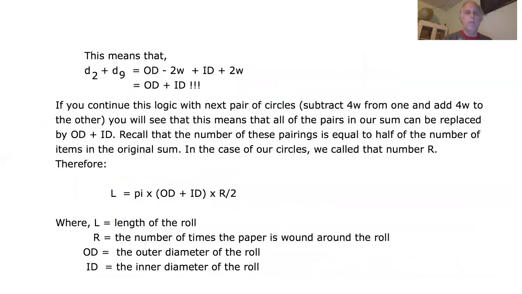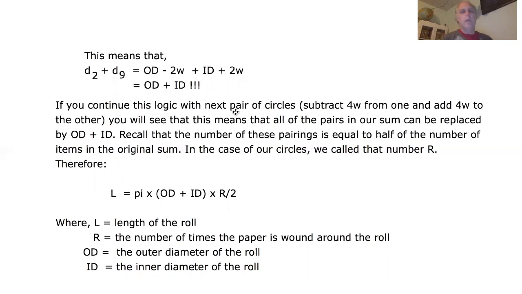So let's see what happens when we add those together. This means that if you add D2 plus D9, you get outer diameter minus two widths plus inner diameter plus two widths, which is the same as outer diameter plus inner diameter. So this makes things considerably easier.